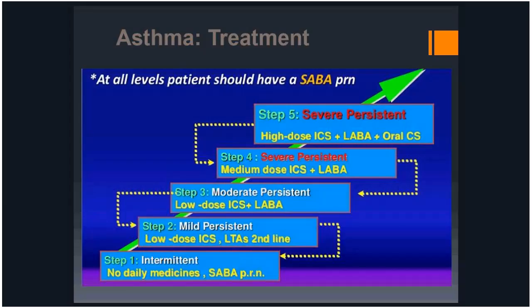One thing to note is that with all steps, and this is just another visual representation, at all levels patients will have a short-acting rescue inhaler. All steps have that. That is the one thing that is common to all. Keep that in mind. But again, this shows the stepwise approach and which medications are indicated based on asthma severity.